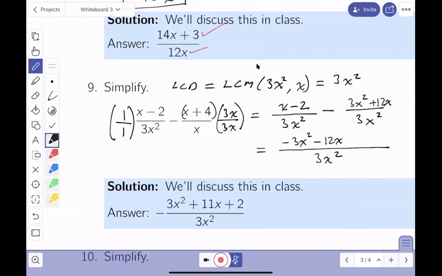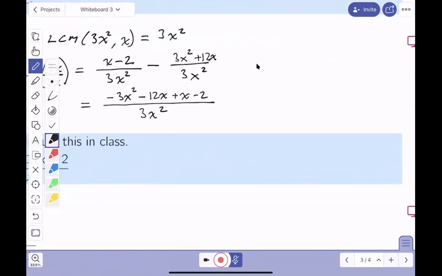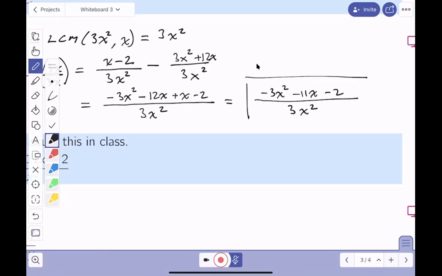And what do you get for the other numerator? You get plus x minus 2. I'm going to go through that work. We'll look at the answer key later. This would give you minus 3x squared minus 11x minus 2. By the way, this is a fine answer.